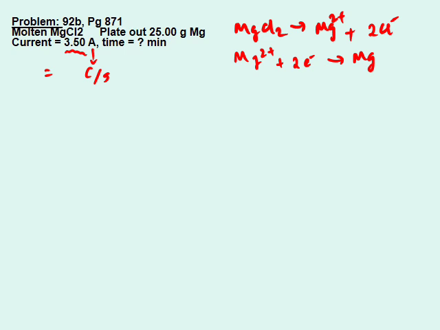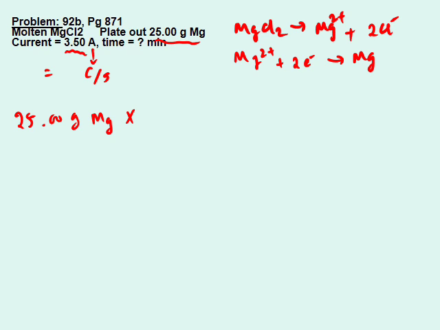It doesn't matter whether you start with 3.50 coulomb per second or with grams of Mg. You'd get the same answer if you pay attention to the units. So I'm going to start with 25.00 gram Mg.